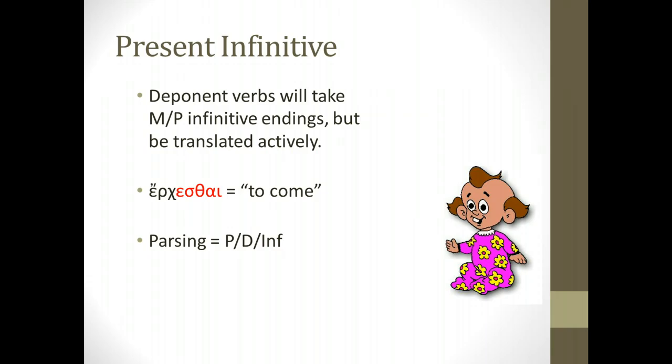It just means to come. And when you parse an infinitive, you simply do, as you see there on the screen, and I'll give you some more examples here maybe later, it is a present, and in this case, deponent infinitive. If this was an active, for instance, if this was luein, I would say present active infinitive. Or if it was luesthai, I would say present middle passive infinitive. Okay?